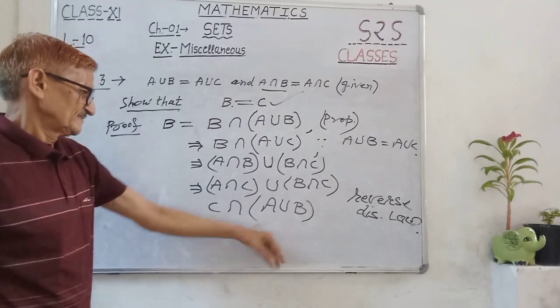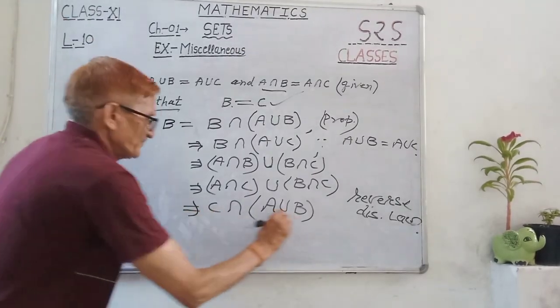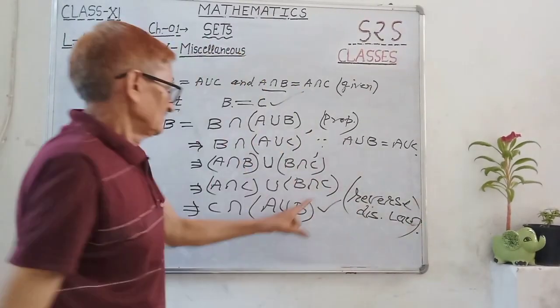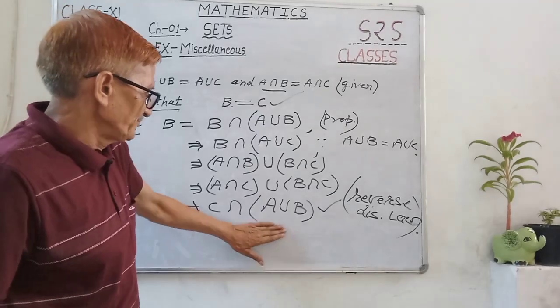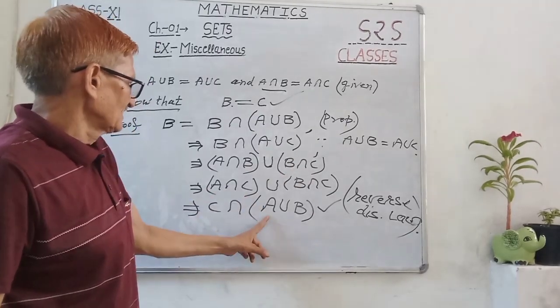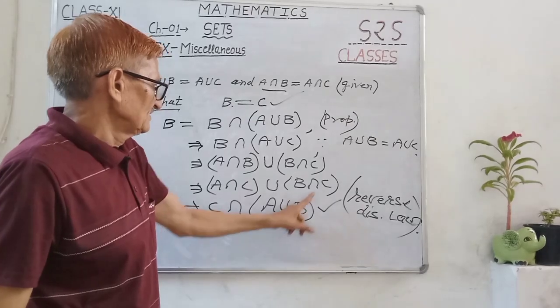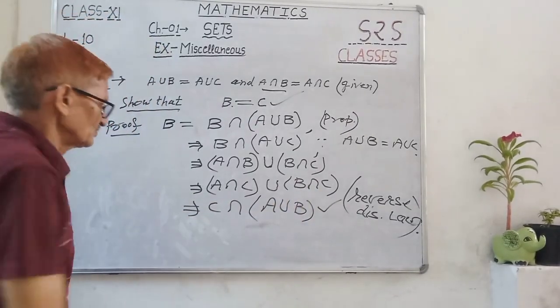Understand this? This is the important step. Reverse distribution law here: C intersection C, C is common. You can check by solving back: C intersection A, and C intersection B, with union in between. So it is reverse distribution law.